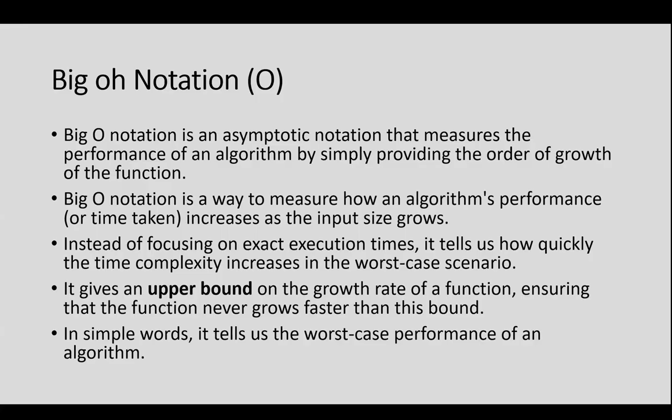While finding the complexity, we were finding the function, that is f of n for the input. What we were finding there is the growth rate of that particular function whenever a different amount of input is given.